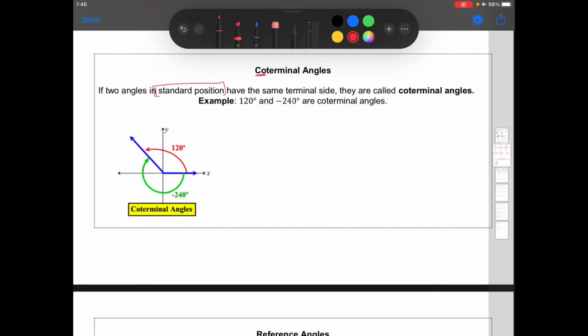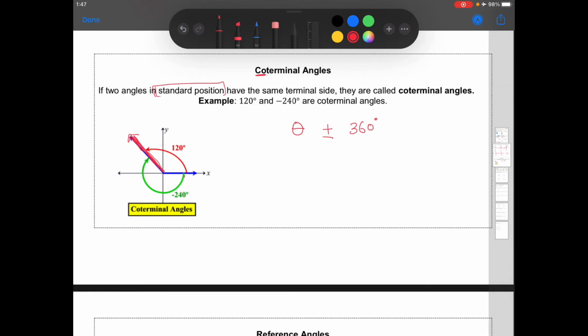Example, 120 degrees and negative 240 degrees are coterminal angles. Basically, if you look at it, your 120 has this terminal ray and negative 240 also has the same terminal ray. So that's why they both are called coterminal angles. How do you think you can find them? Given any angle, let's call that angle theta. That's what we said we're going to use for angles. Theta plus or minus 360 degrees would give you your coterminal angles.